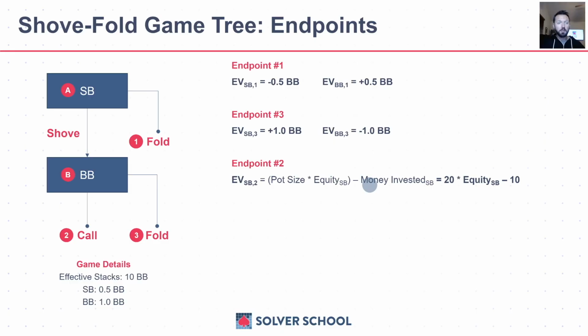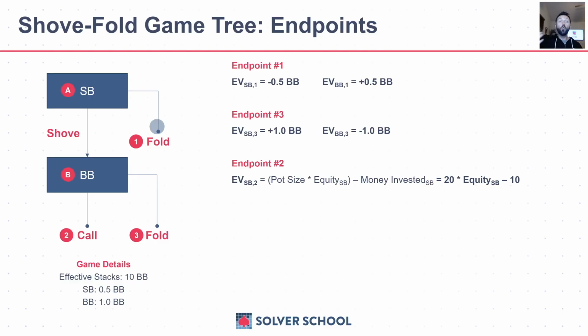A few points to make with this. First is the last formula here, this formula at point 2, is actually the same formula that we can write at any node. So let's just consider that using point number 1 as an example here. After the small blind folds, the pot size is 1.5 big blinds. It represents the two blinds, the one big blind from the big blind and the 0.5 big blinds from the small blind.